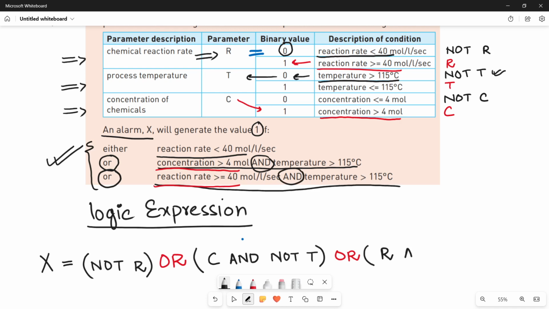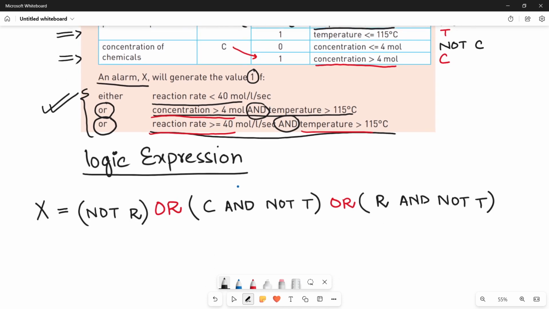So we will write AND because again two conditions must be 1 together in order to have your output 1. So R AND temperature is greater than 115. Again, it means that T must be 0. And for T to be 0, you will simply write it NOT T in the logic expression.